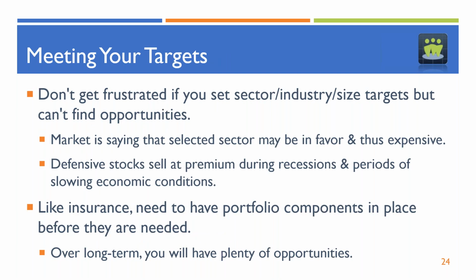Just a few thoughts on meeting your targets. Don't get frustrated if you set targets but can't find opportunities. It's probably because the market's saying that the sector that you're looking for right now is in favor and thus is expensive.